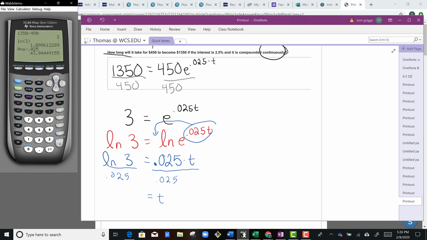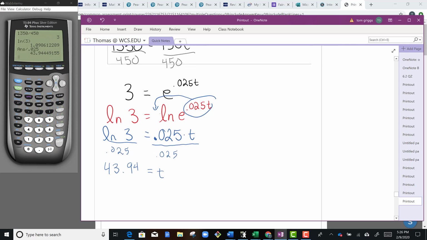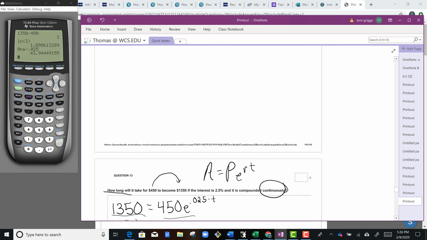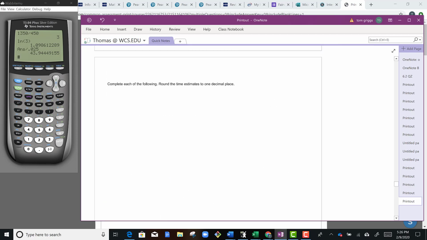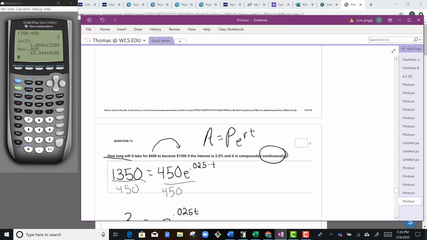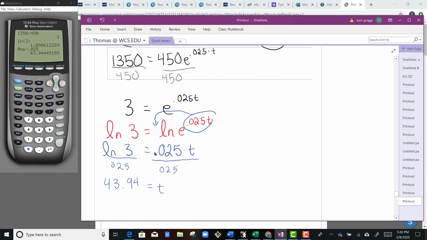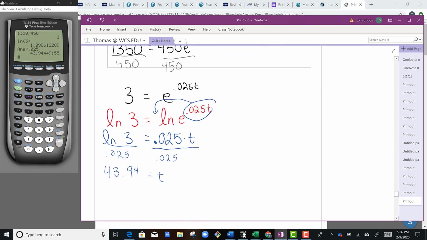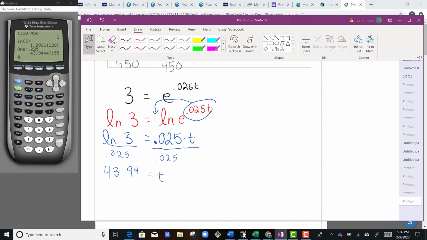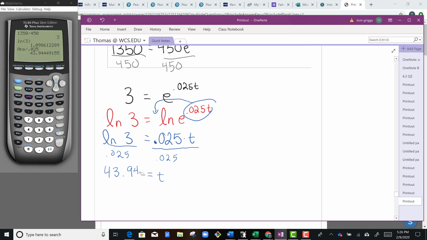All right, and then different teachers require different things here. Some say just round it to 2 decimals or 1 decimal. Let's see, did the directions say to 1 decimal place? So 43.9.